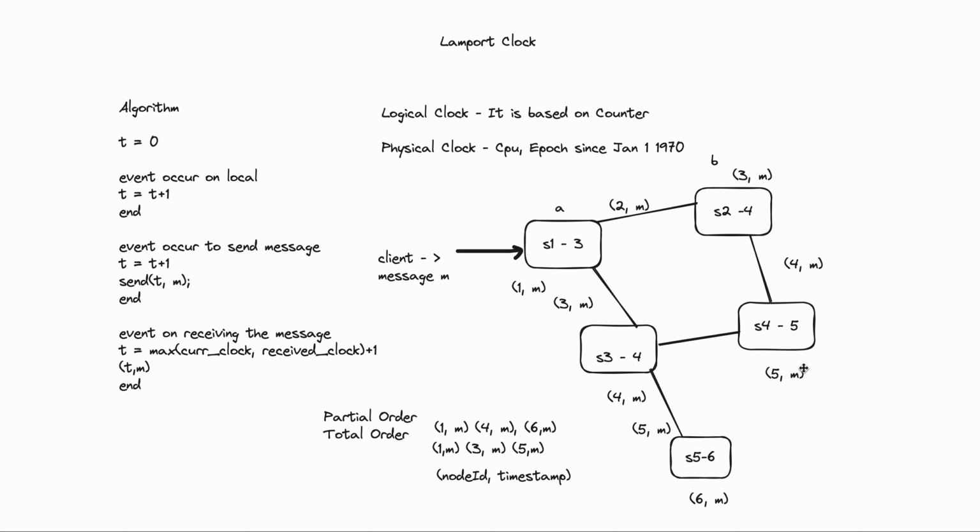For example, here, even though we have 5 and 6, and 5 is lesser than 6, for the same message, this event didn't cause this event.